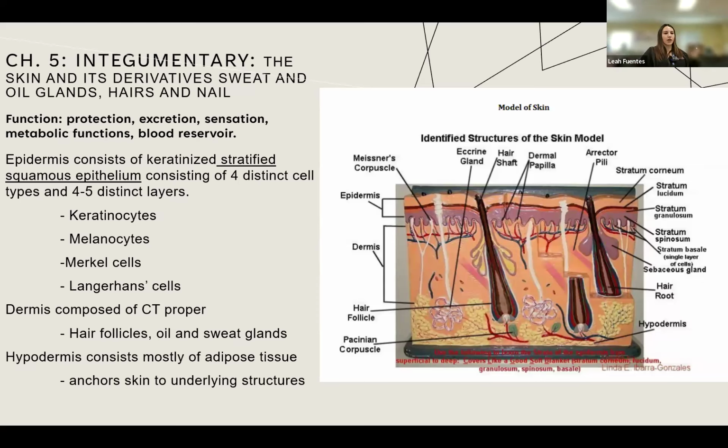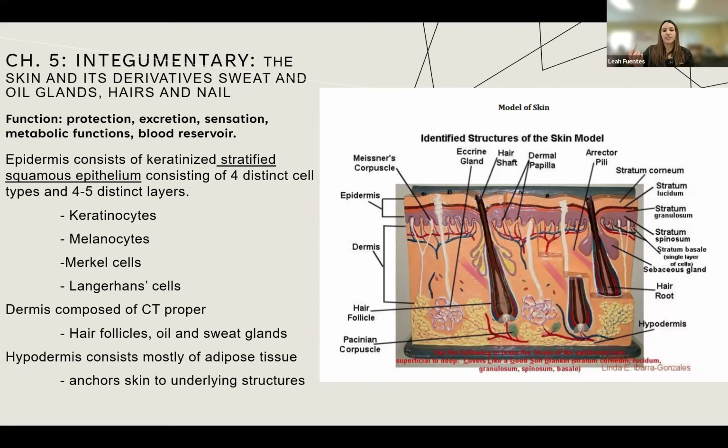I skipped something on the epidermis, the layers of the epidermis. You guys won't be able to see it because it's really tiny down here, but possibly the people on Zoom can see it. It's an acronym and it covers the layers from superficial to deep. The acronym is covers like a good soft blanket.